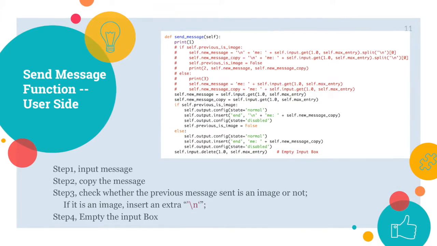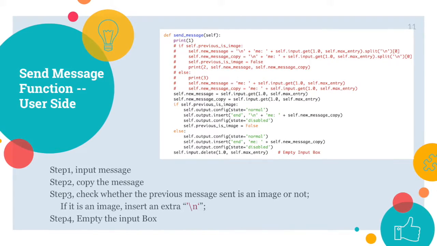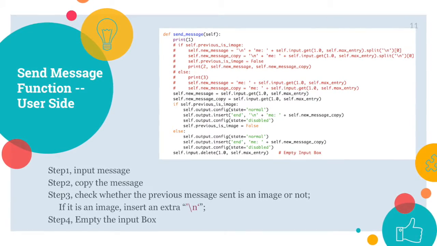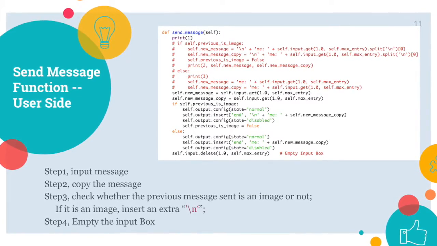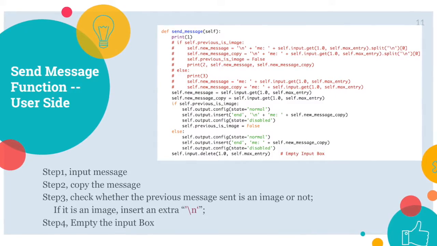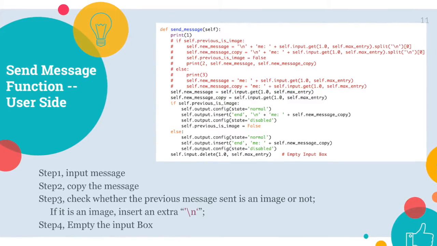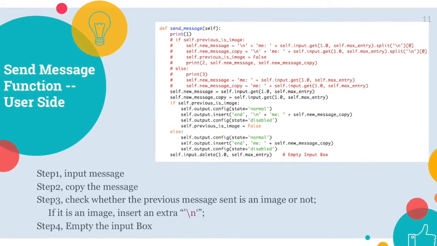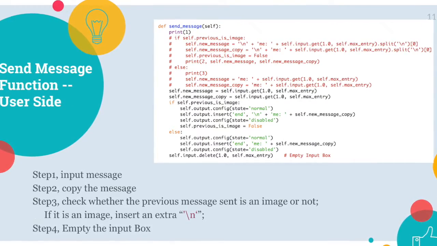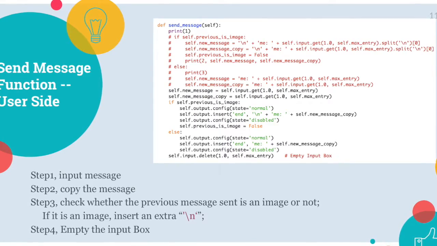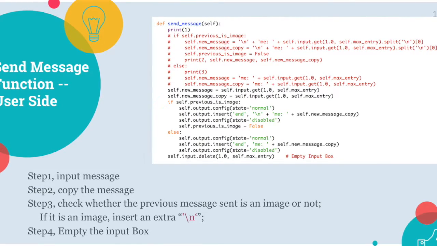So when you click the send button after you put some messages in your input box, this send message function will be called, and if it's not an image, the text will be directly inserted into the output box, and after the message is shown on the screen, your input will be deleted and you can type another message again.